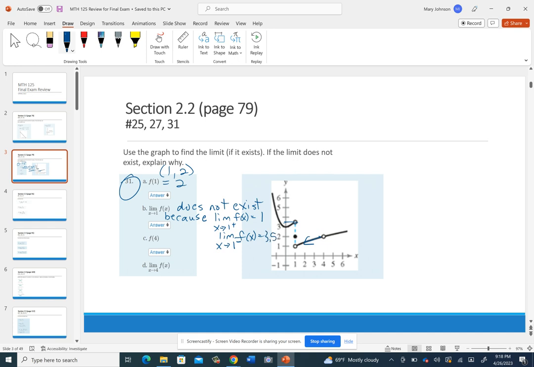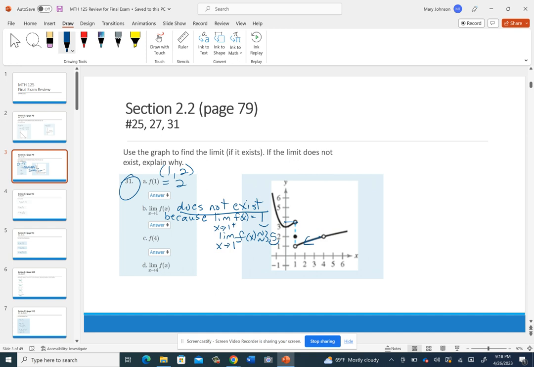Big thing is those don't match. The right and the left-sided limits don't match. So does not exist would be the answer to B.